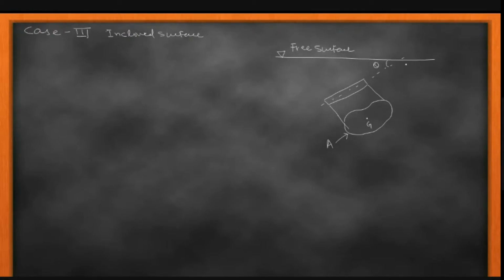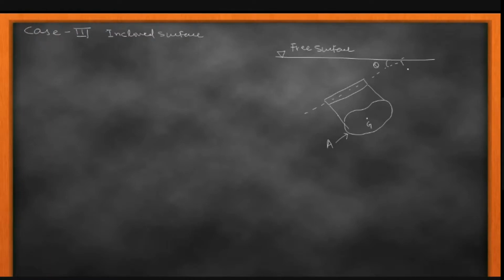For the moment, we cannot take the moment about the free surface directly, because for the moment we need to consider the perpendicular distance between the two axes. So for easy analysis, we take one axis which is exactly perpendicular to this.